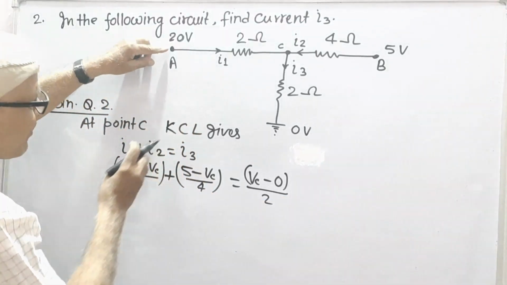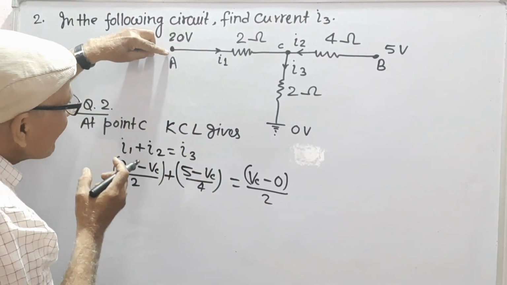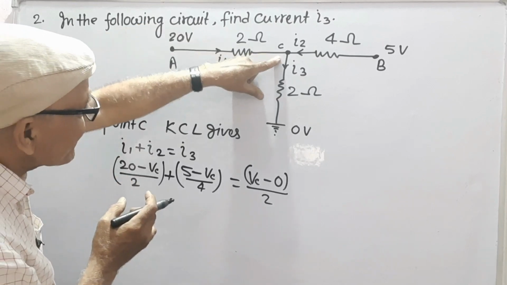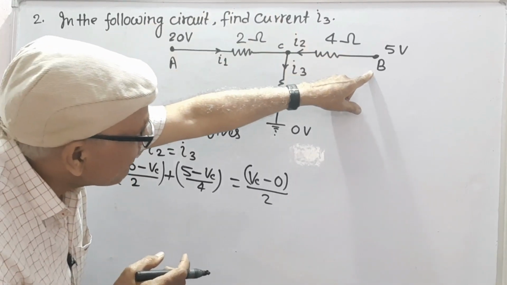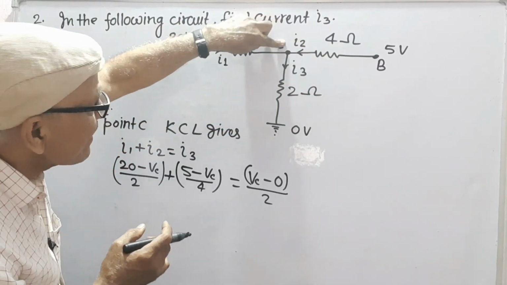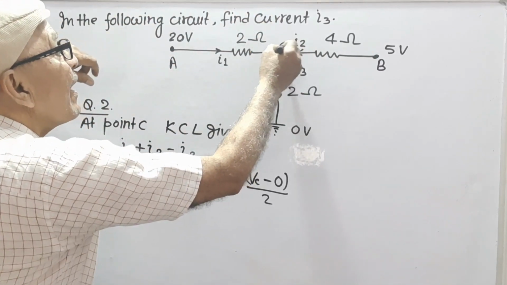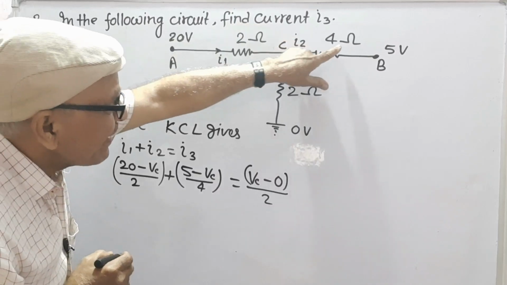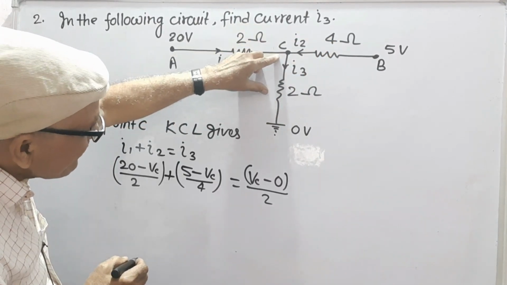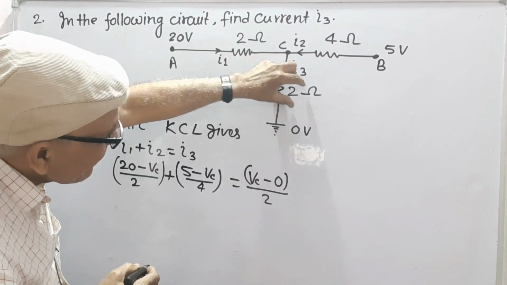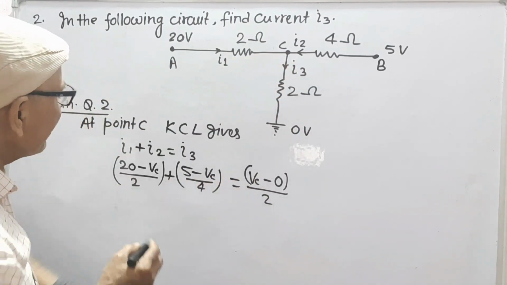That means VA minus VC upon this resistance is I1, VB minus VC upon this resistance is I2. Similarly, VC minus 0 volt upon 2 ohm is I3.